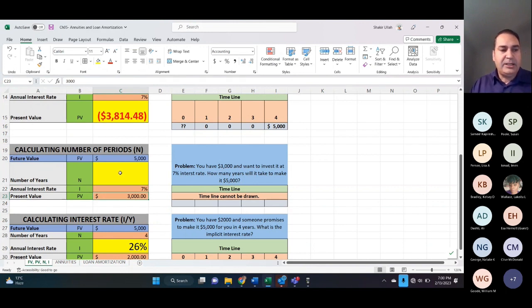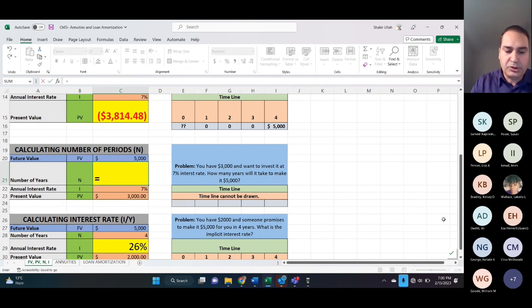Now, in order to calculate the number of periods, we use the Excel function equals NPER, number of periods. Remember, that is one of the variables that we used in the above formulas. When you start the parenthesis, it starts to ask for the variable.